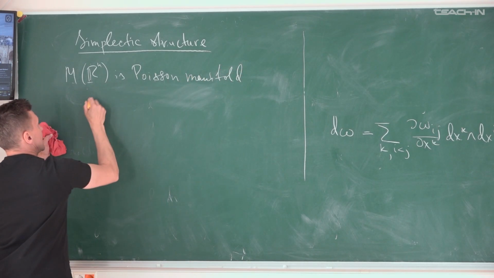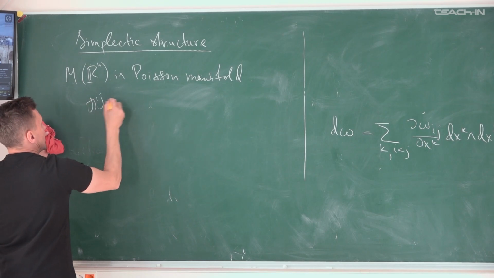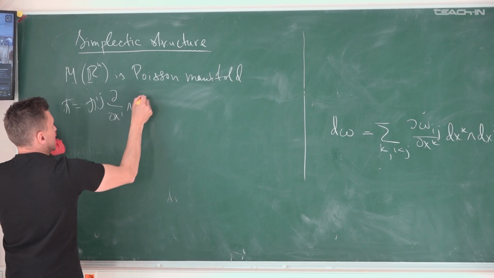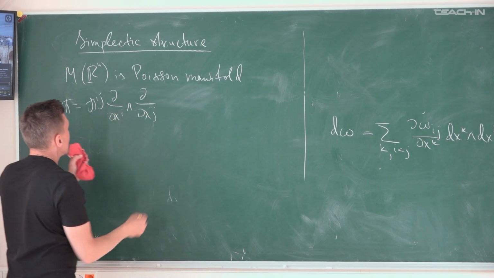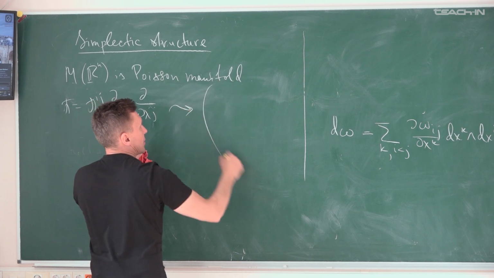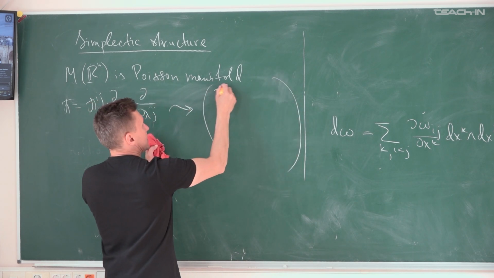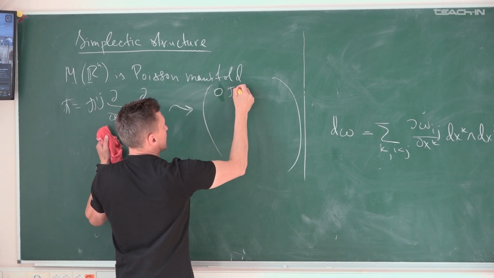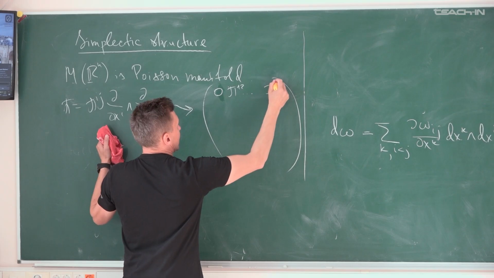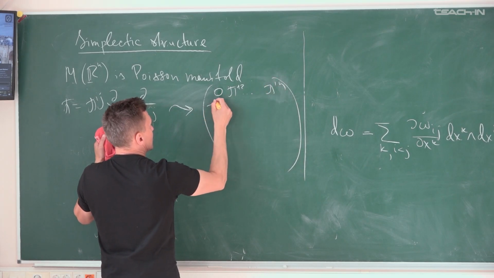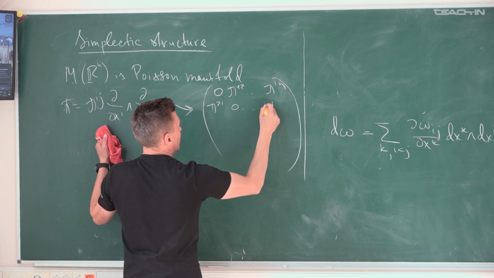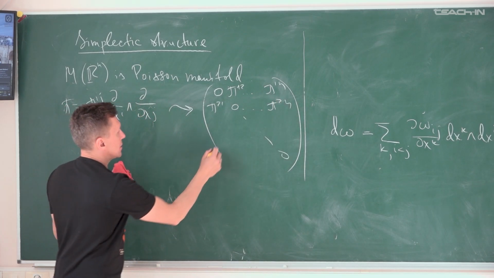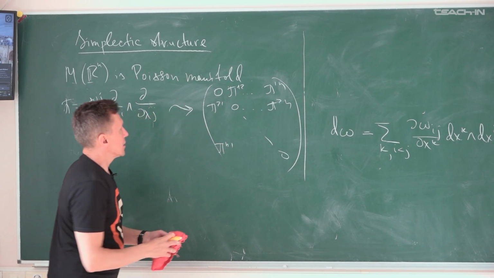It means that there is some bivector pi ij, d over dxi wedge d over dxj, and we correspond to it a matrix: pi 11 is 0, but here is pi 12, pi 1n, pi 21 is 0, pi 2n, etc., pi n1.